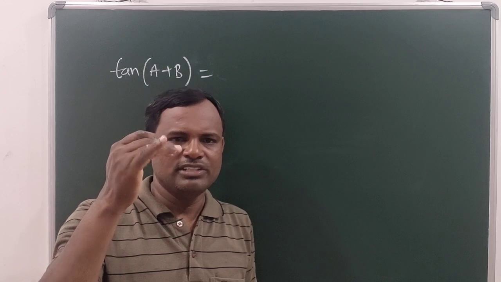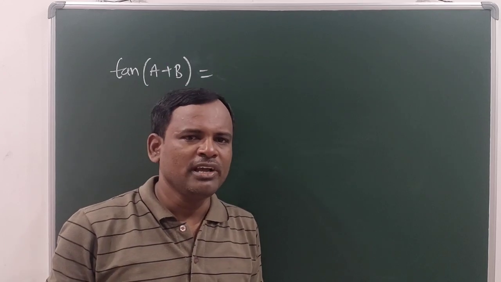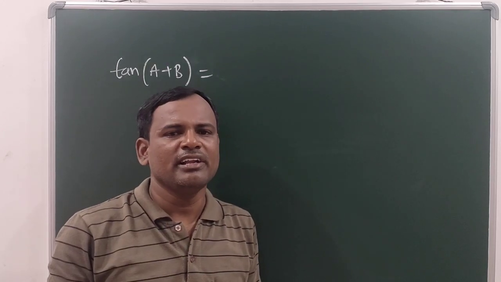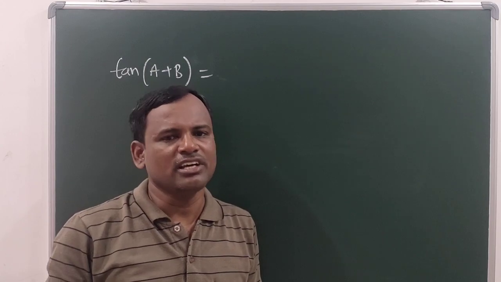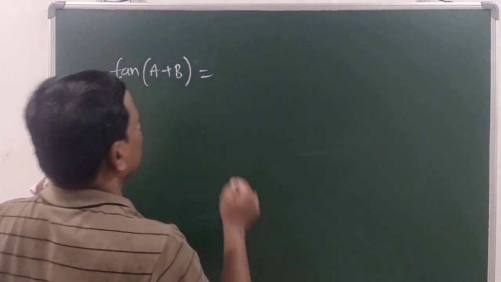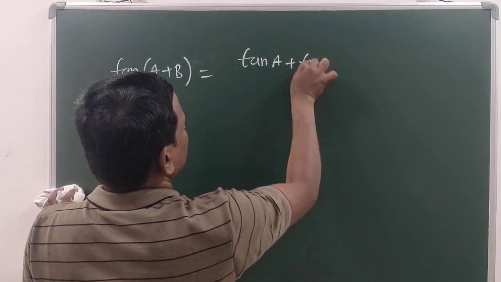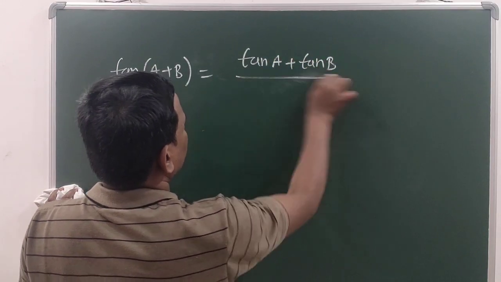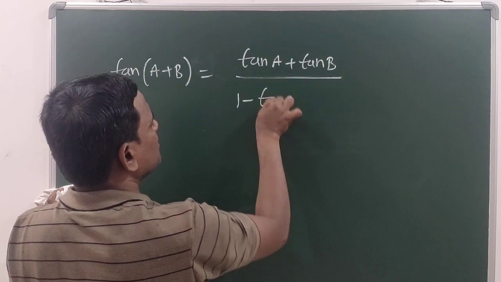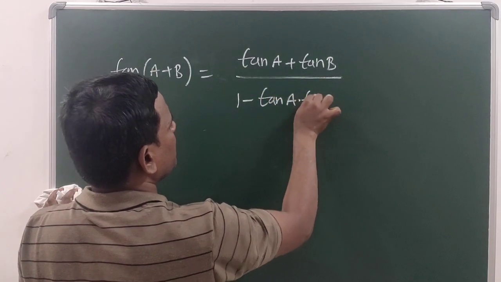So write sin A plus B by cos A plus B, and in numerator and denominator divide with cos A cos B. So finally you will get tan A plus tan B by 1 minus tan A into tan B.